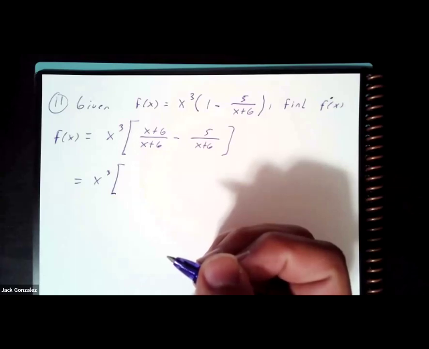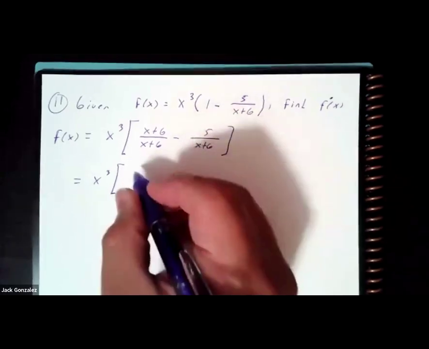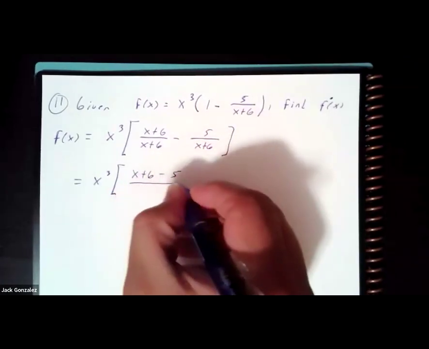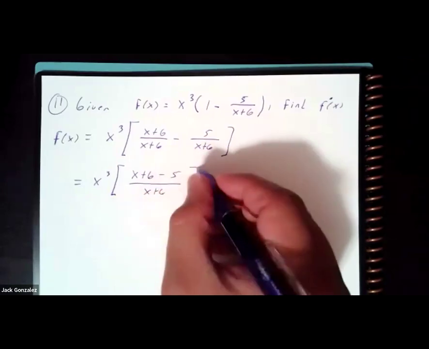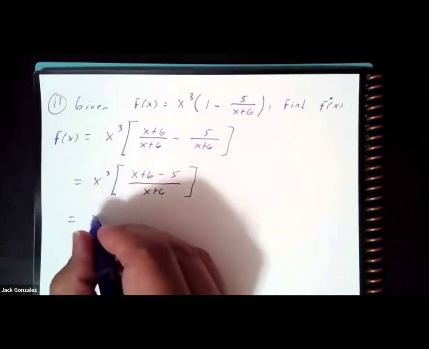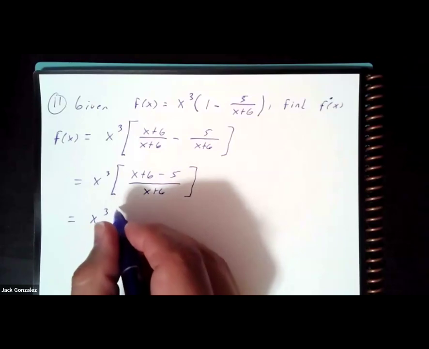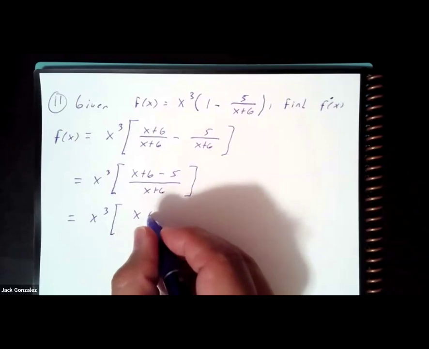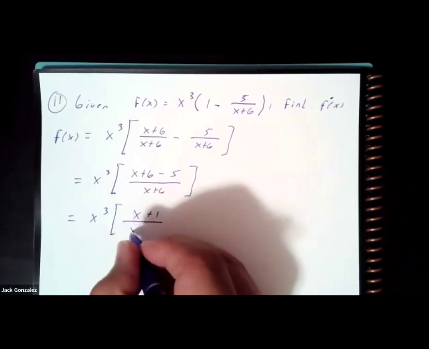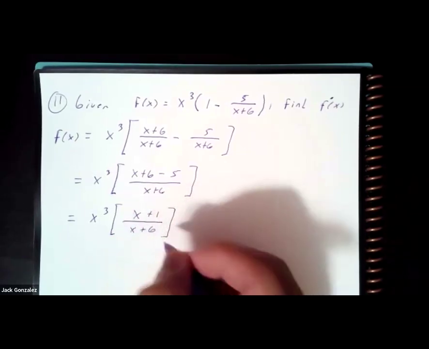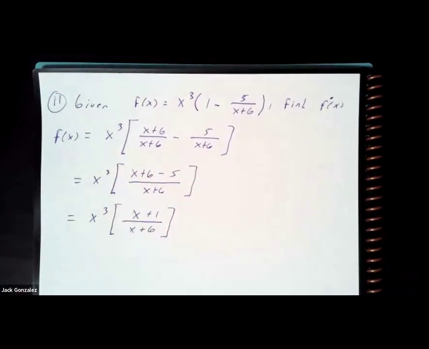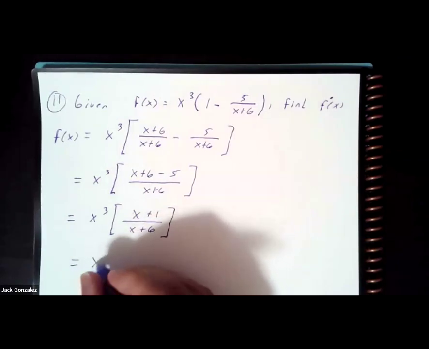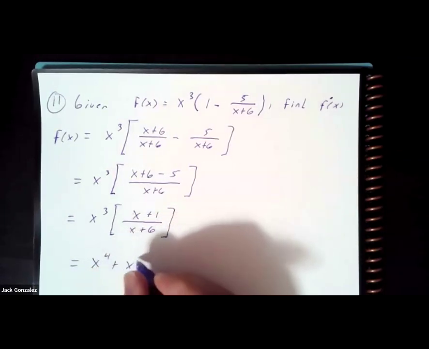So add them together and get to here. So now I'll go ahead and distribute the x cubed. That would be x to the fourth plus x cubed.